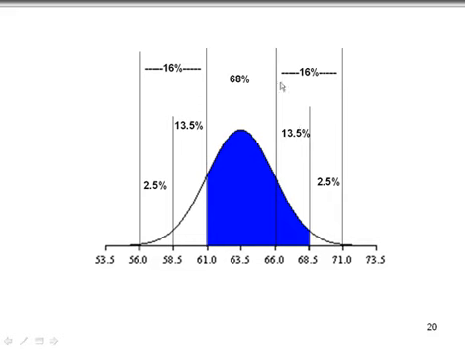So if we subtract the 2.5% from the 16%, we get 13.5% for the piece between 66 and 68.5. Similarly, 13.5% for the percent of women between 58.5 and 61 inches. Please refer back to this slide often. It gives all the percents you need to solve almost any problem involving the empirical rule.